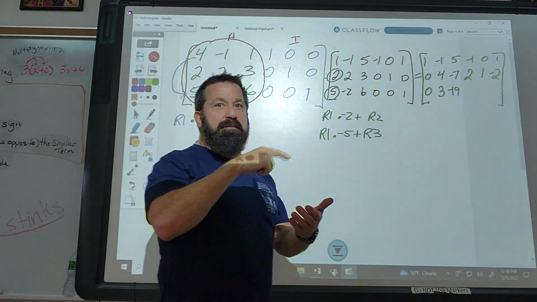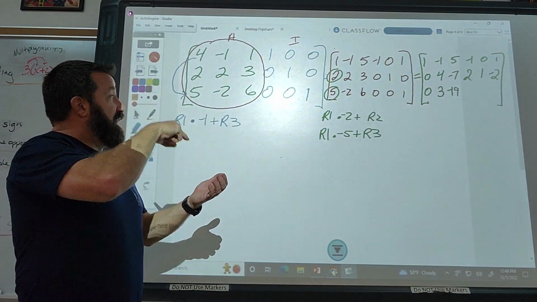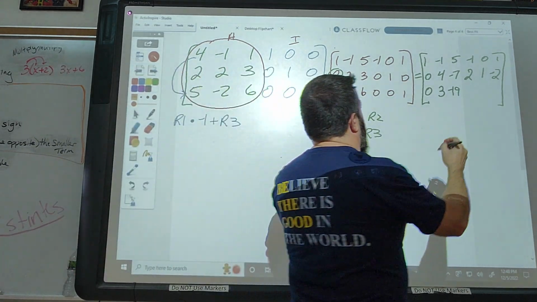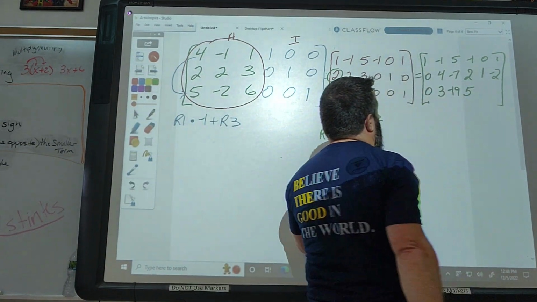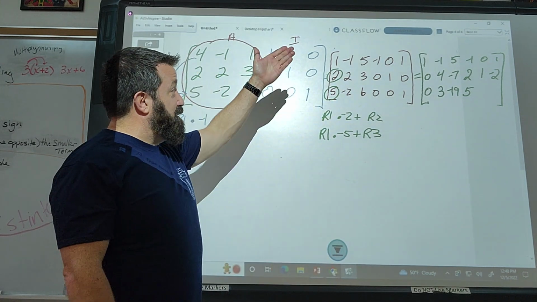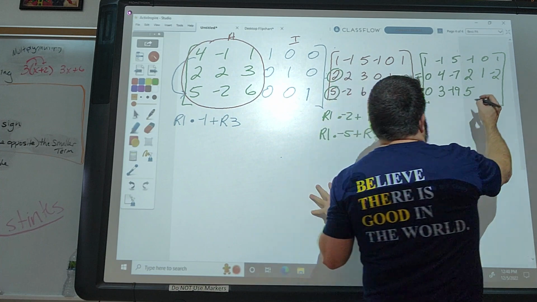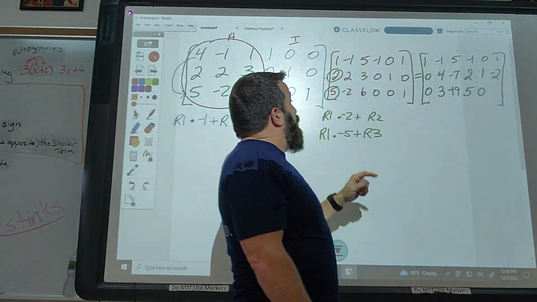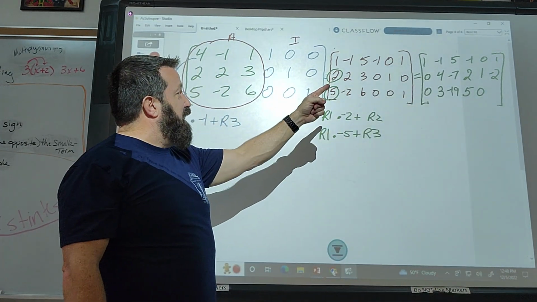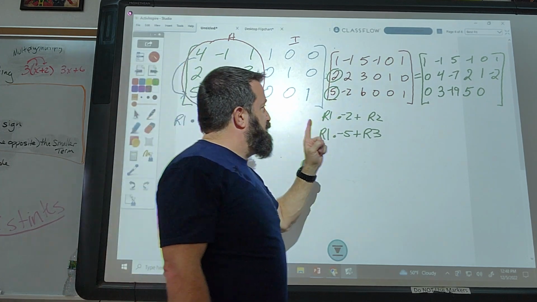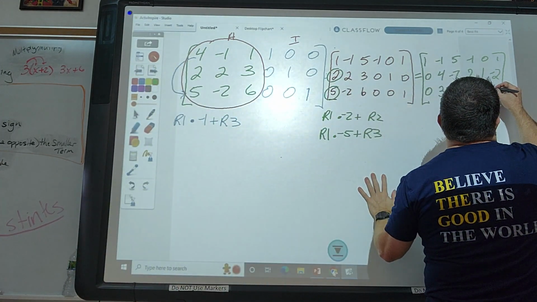So this is where with a calculator, I'd be going -1 times -5 plus 0. Okay, that comes out to be 5, I believe, right here. And I'd be taking this one, don't really need to do. 0 times -5 plus 0 is still going to be a 0. And then 1 times -5 is -5. -5 plus 1 is a -4, is that right?